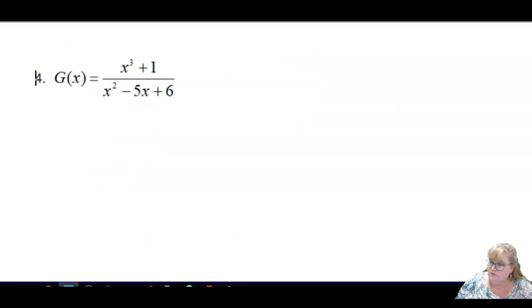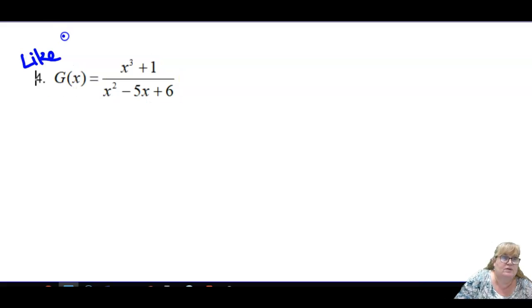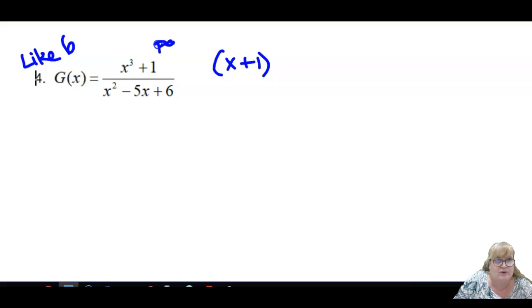Then I'm going to do number 4 because this is like, I don't know, is it number 6? Yes, number 6 that you have to do. All right, you factor the top, x plus 1. This is a cubic, so you're using the pattern.